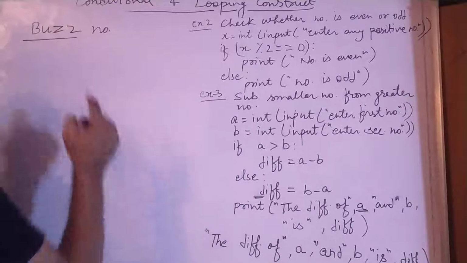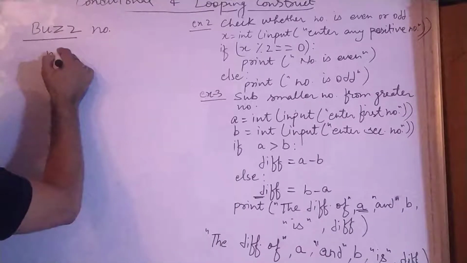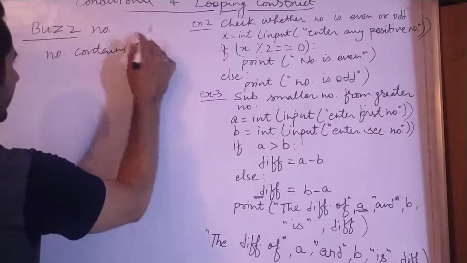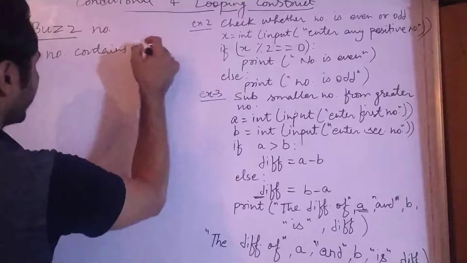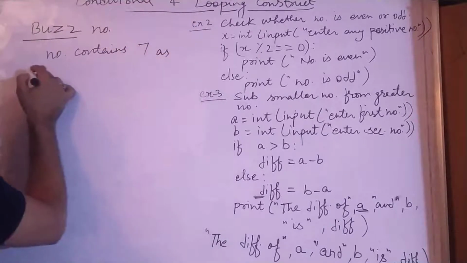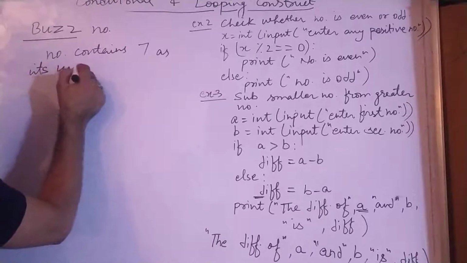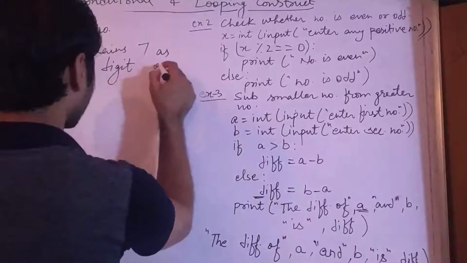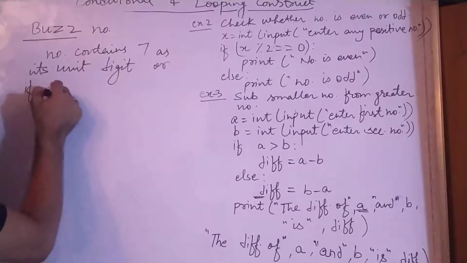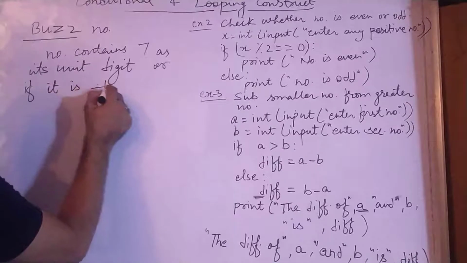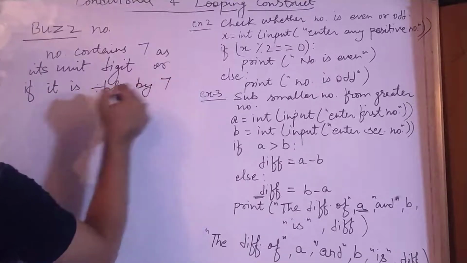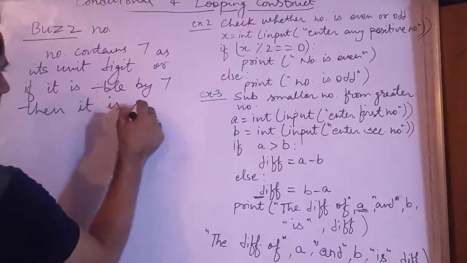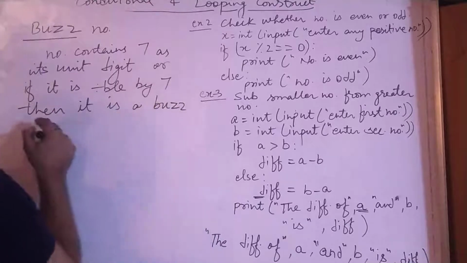So the concept of buzz number is: if the number contains 7 as its unit digit, or if it is divisible by 7, then it is a buzz number.